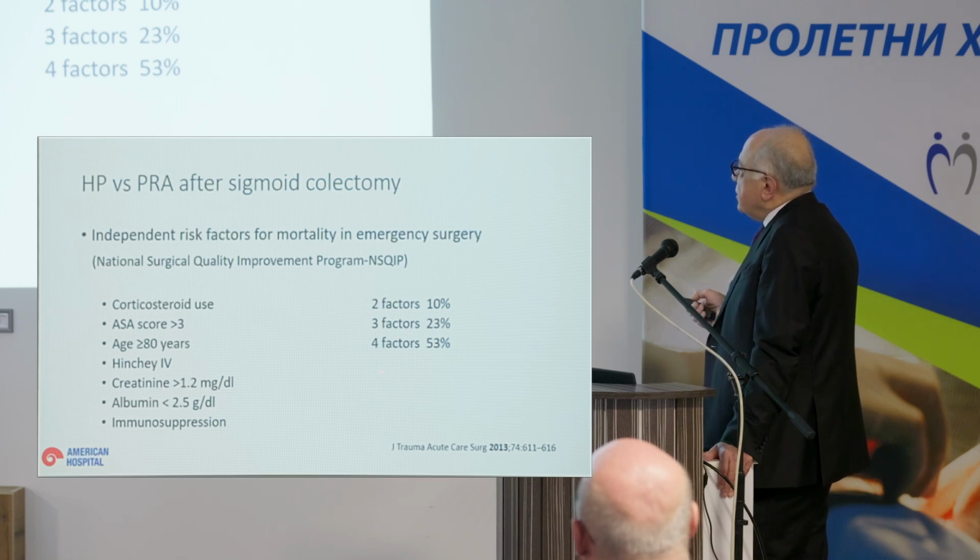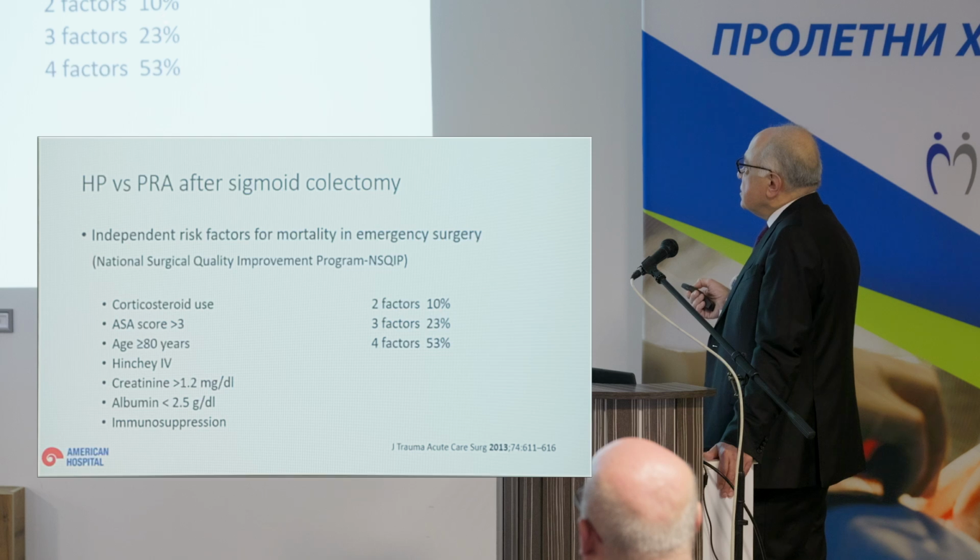When you look at the mortality risk, with 2 factors it is 10%, which is really high. With 3 factors, 23%, and with 4 factors, the risk is 53%. For that reason, before deciding which surgery is suitable for the patient, we should look at these criteria for deciding the treatment modality.